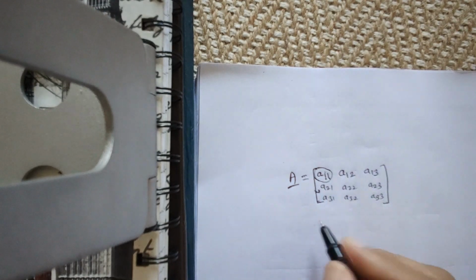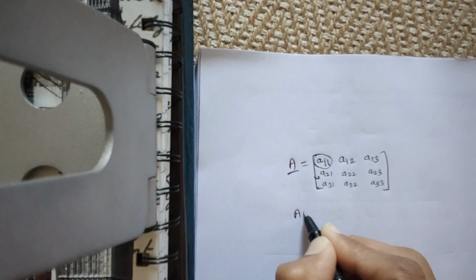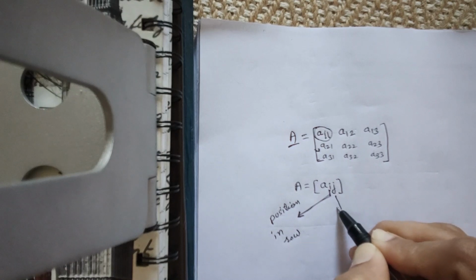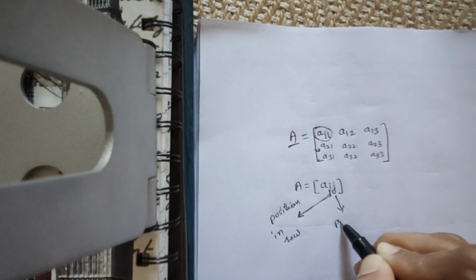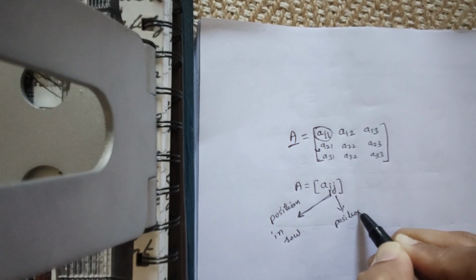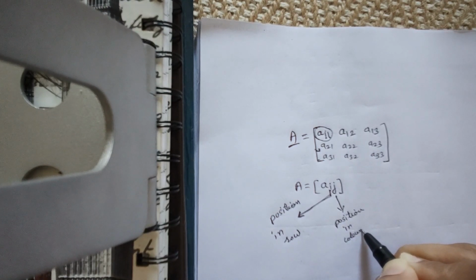In general, if the element is Aij, then the first suffix i represents the position in row, in which row it is, and the second suffix j represents the position in column number.